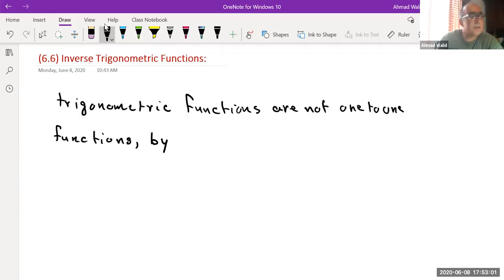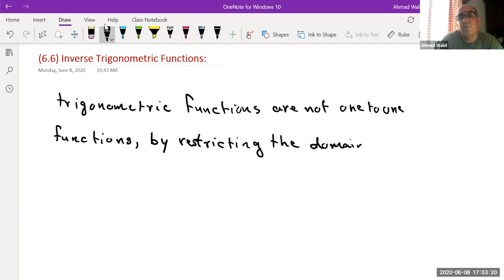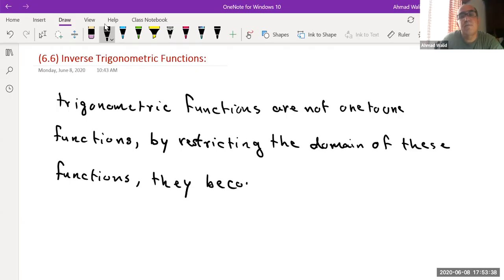By restricting the domain of these functions, they become one-to-one. What does it mean? Let's see.